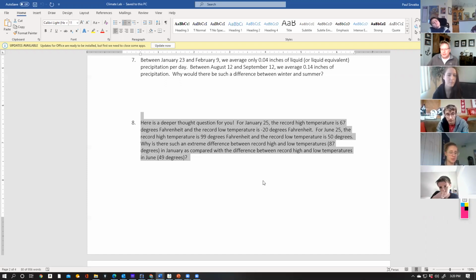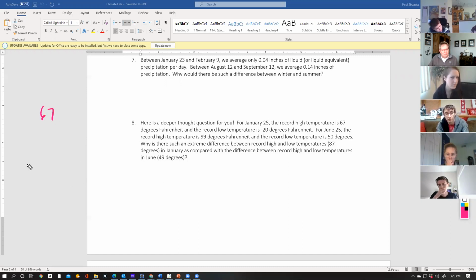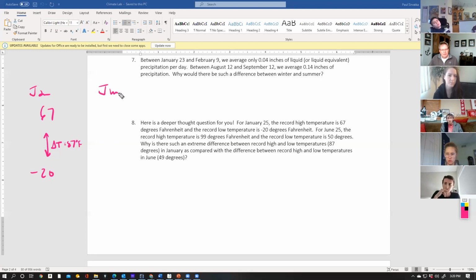What you need to do is look at this as going, okay, in January, it went from 67 to negative 20. That's 87. That's a delta T of 87 degrees Fahrenheit in January. In June, it went from 99 to 50.